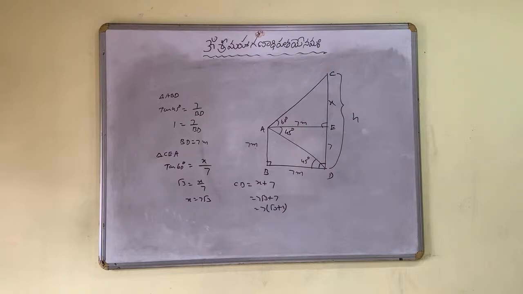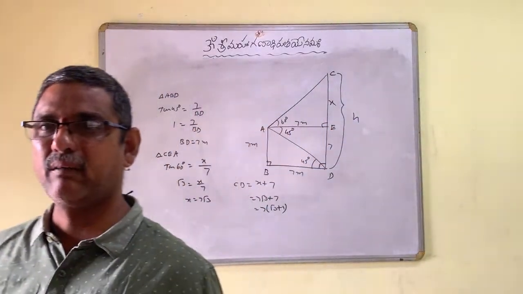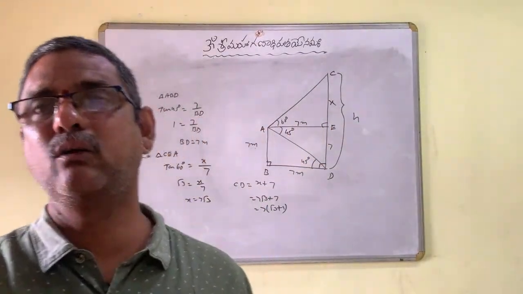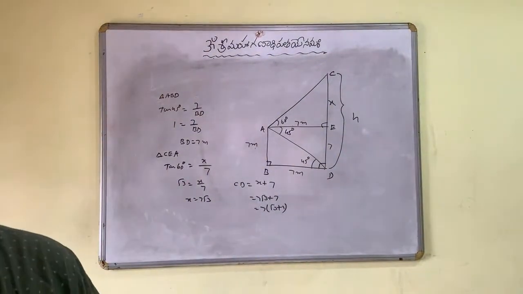Root 3 value is given as 1.732. So what is the height of the cable tower? 19.124. Good.